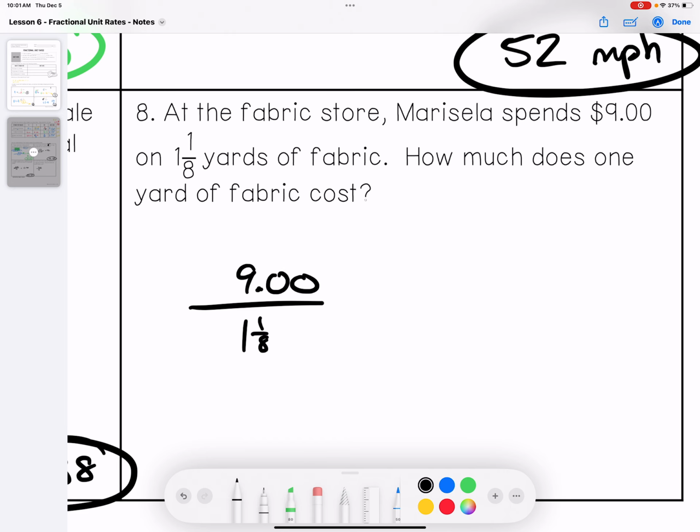Now, this one we're going to leave in fraction form, but to enter it into your calculator, you really can't do it like that. You have to convert it to a mixed number. So you're going to go 8 times 1 is 8, plus the 1 left over makes it 9/8. So in your calculator, you can do this. You can go 9 divided by 9/8.